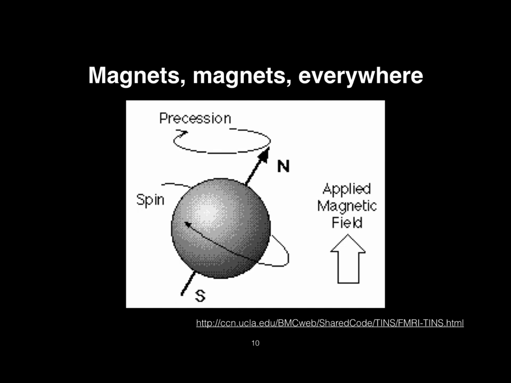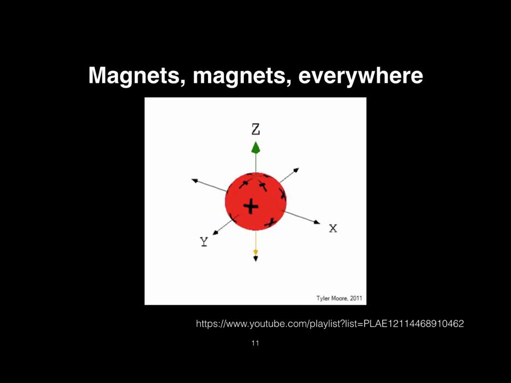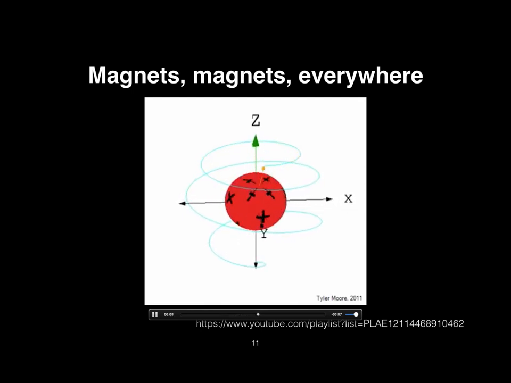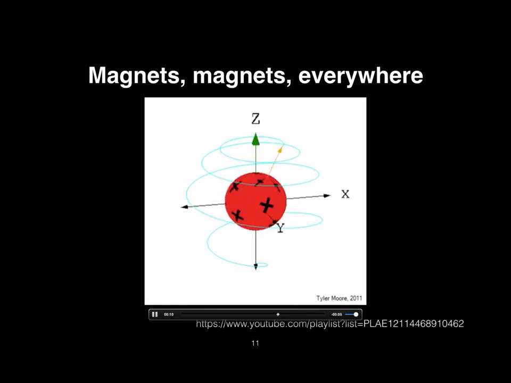So even though the magnetic field is here, you will have essentially the little bar magnet that is the nucleus of these atoms precessing around that large magnet. And schematically, that looks something like this. Okay? You can see the magnetic field is along Z, but then the little bar magnet that is the nucleus is kind of rotating around that field.